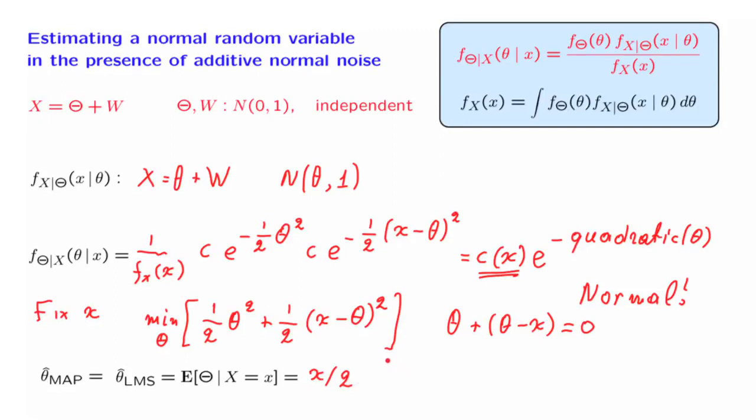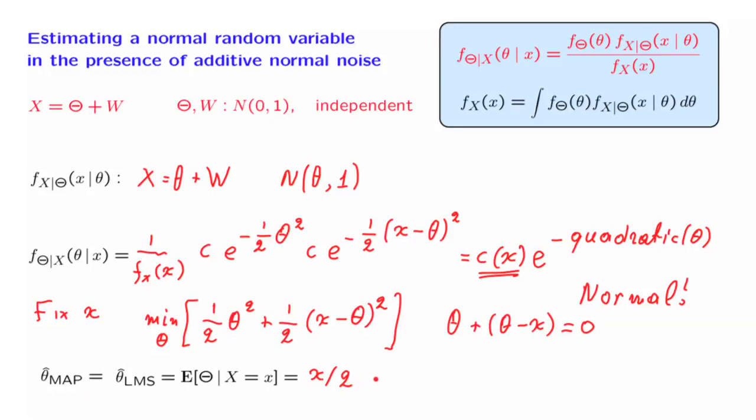So our estimate takes into account that we believe that theta is 0 on average, but also takes into account the observation that we have made and comes up with a value that's in between our prior mean, which was 0, and the observation, which is little x. So this is what the estimates are.